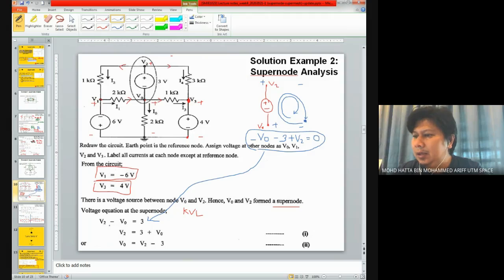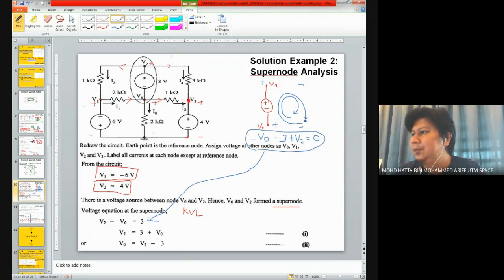But in order for you to know how we got this equation, it is based on this circuit arrangement, or this consideration. We consider this the supernode, and this is the positive side of VO, the positive side of V2, and the negative side could be anywhere.